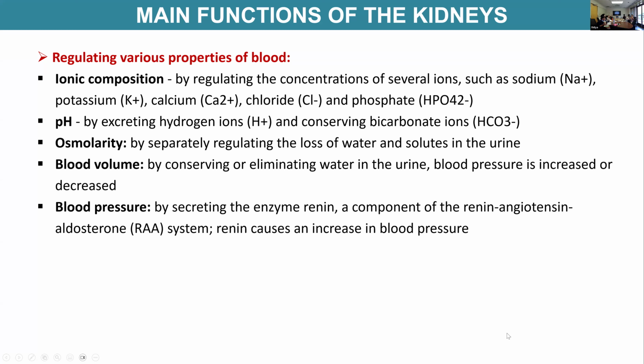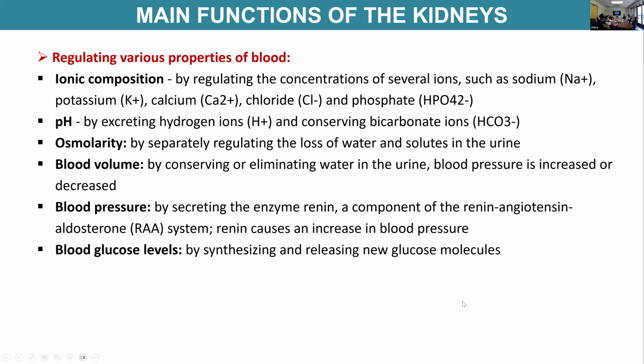The kidneys also secrete the enzyme renin, which our lab is working on, and it's a main component of the renin-angiotensin system, which regulates the blood pressure. The proximal tubules in the kidneys also synthesize glucose.